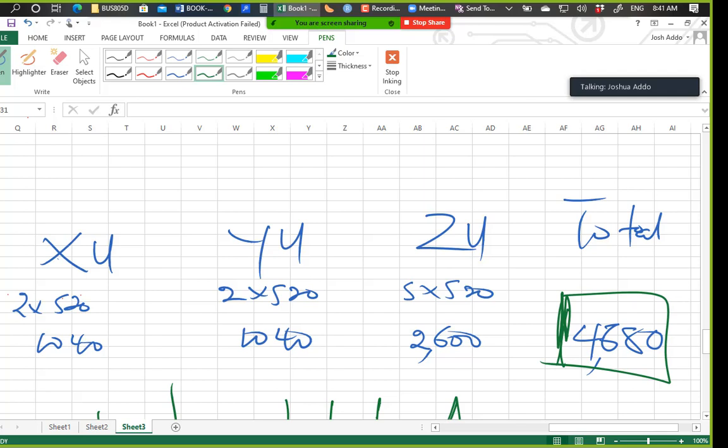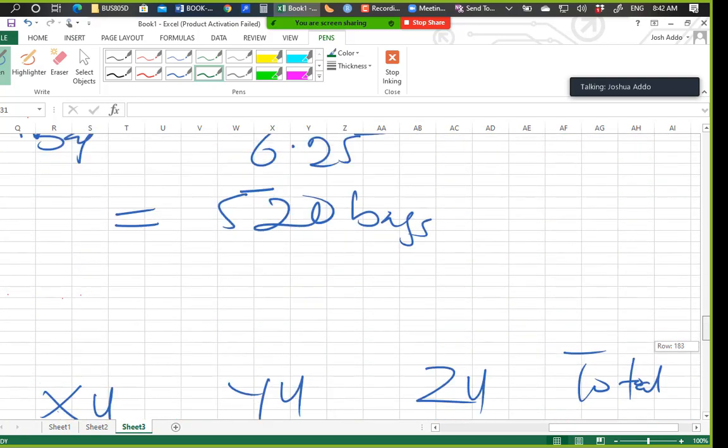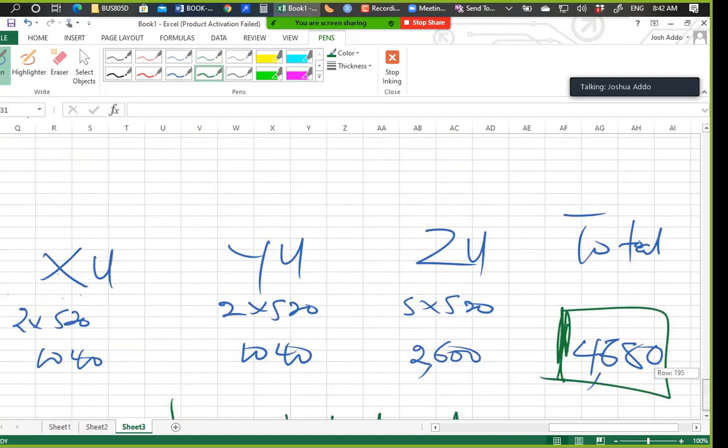1040 from XU, 1040 from YU, and 2600 from ZU. We have put all of them together. They give us 4680. The first approach, the bag approach, we were not interested in getting all of them mixed up from the start. We got the bags, so we had 520 bags, and then we tore the bags and separated them, and then we had this. When you have the separate units and you add them, you get this unit. The weighted average contribution approach will make you land here for the first time.